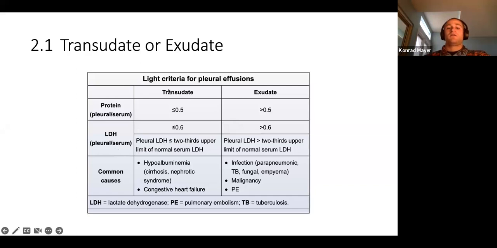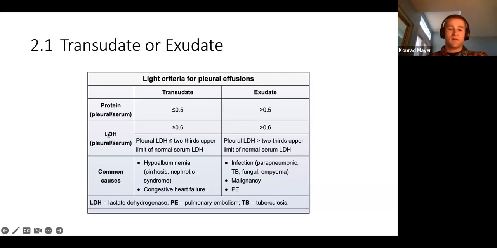If it is a transudate, then there is less than half the amount of protein in the pleural effusion than there is in the serum. So if there are 10 proteins in serum and 3 in the pleural effusion, then that is a transudate. If there are 10 proteins in the serum and 7 in the pleural effusion, then it is an exudate.